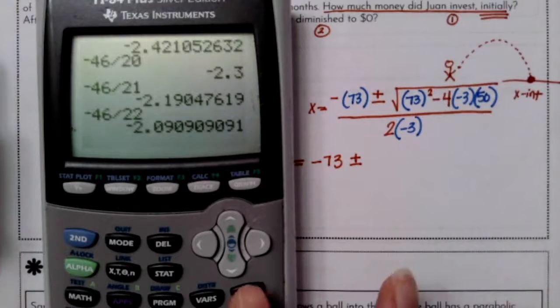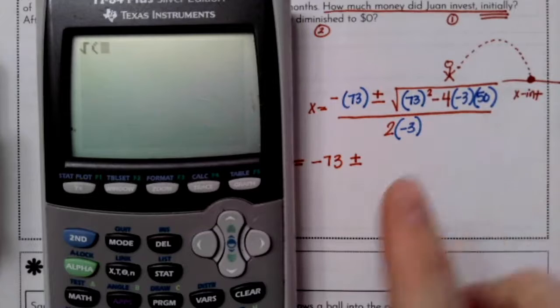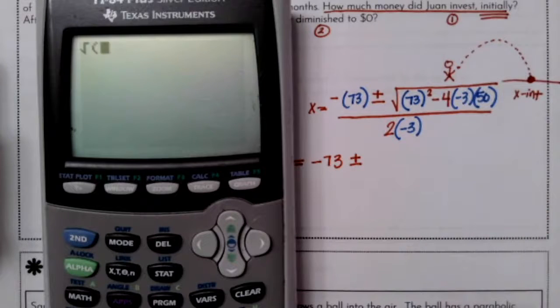I have my own, so I'm going to use that. Hit the square root, and then type everything exactly as I have it. Start a parentheses, 73 squared. Remember on the Google calculator, it's the x to the y button. Then I have -4 parentheses -3 parentheses 50.